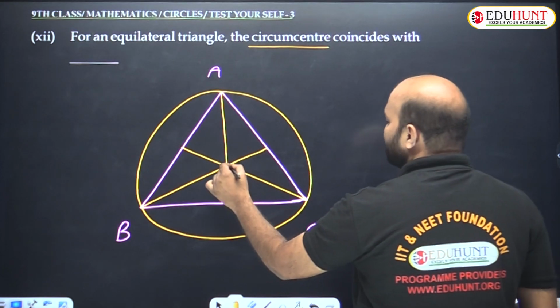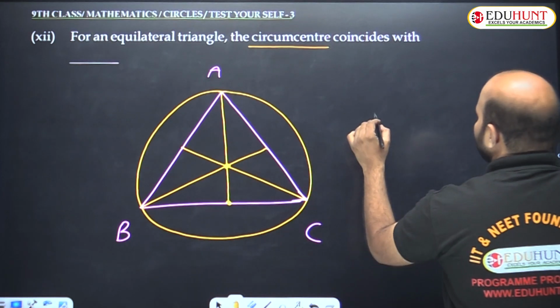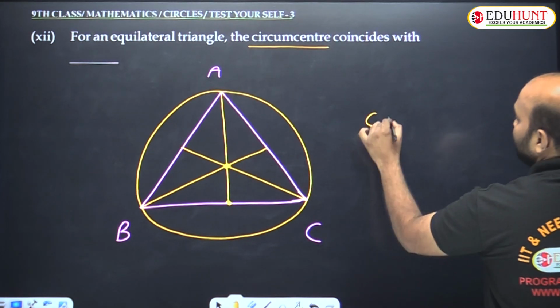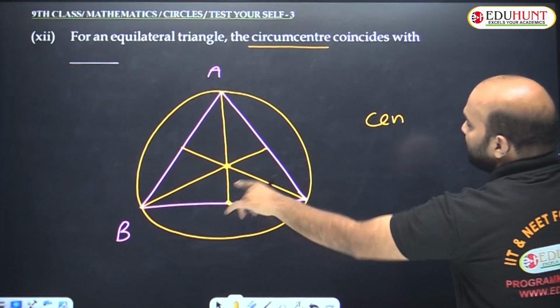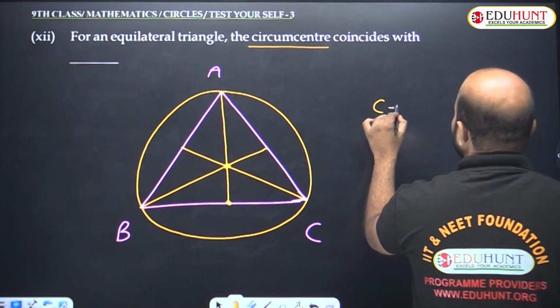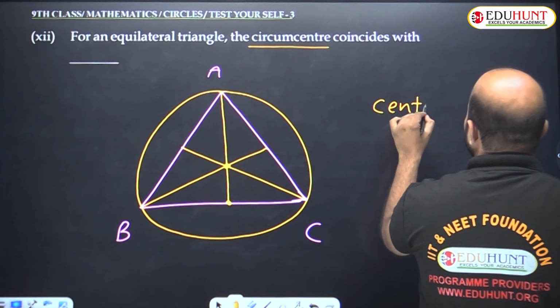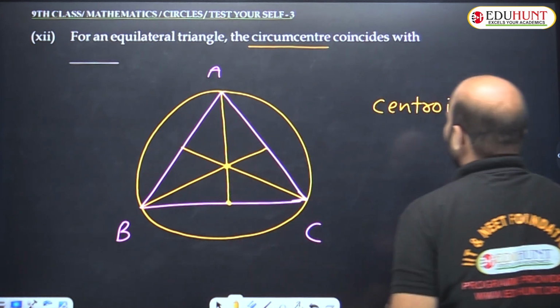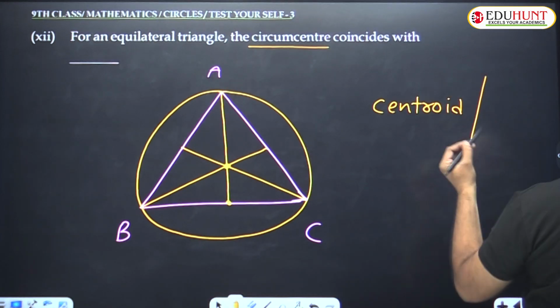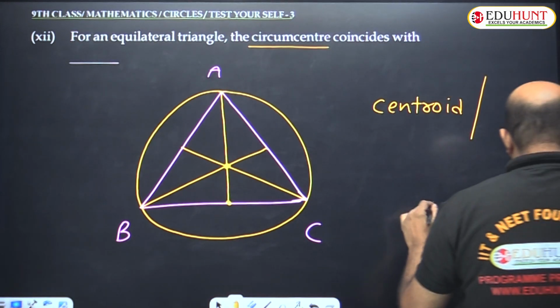So that center is also called what? Centroid. It is also called the centroid. So for an equilateral triangle, the circumcenter coincides with the centroid. So this is called the centroid. Am I clear? Centroid or orthocenter, incenter.